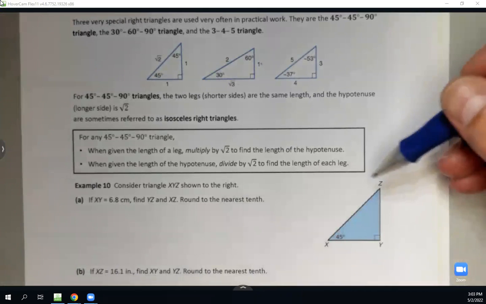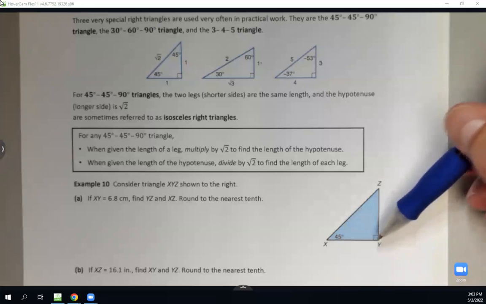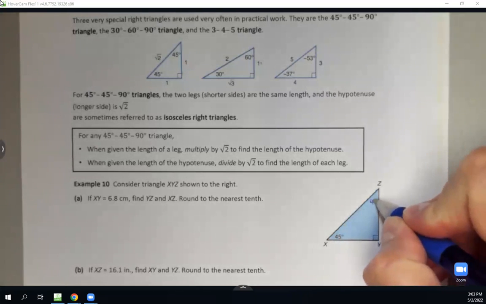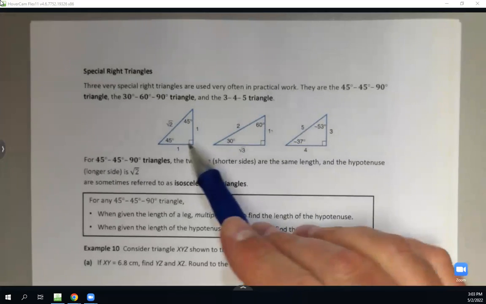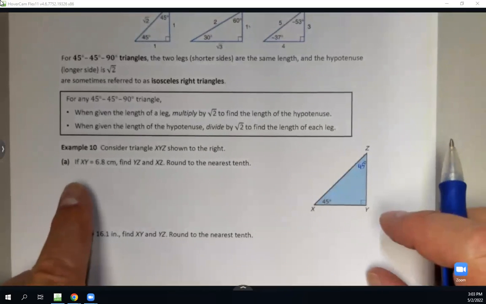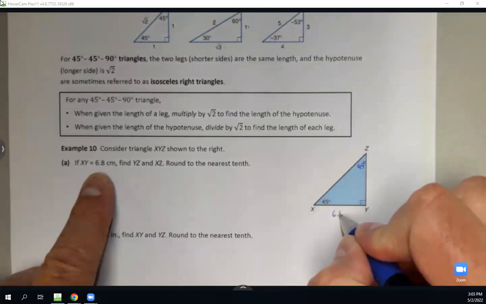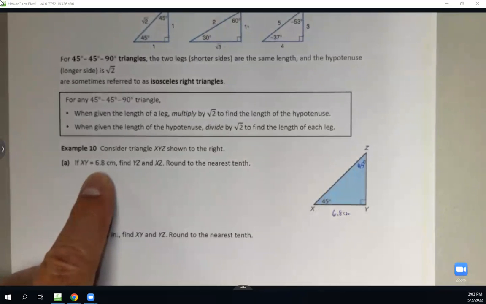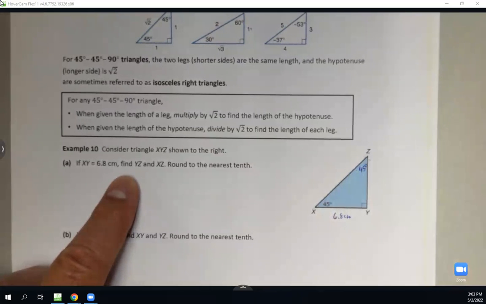Again, this is a 45 degree angle and this is 90 degrees, which means this has to be 45 degrees. So this is a 45, 45, 90 degree triangle. If XY is 6.8 centimeters, that's this side, then what would YZ be and what would XZ be?